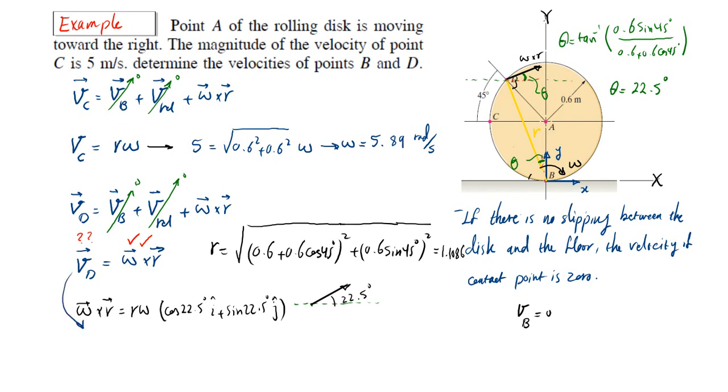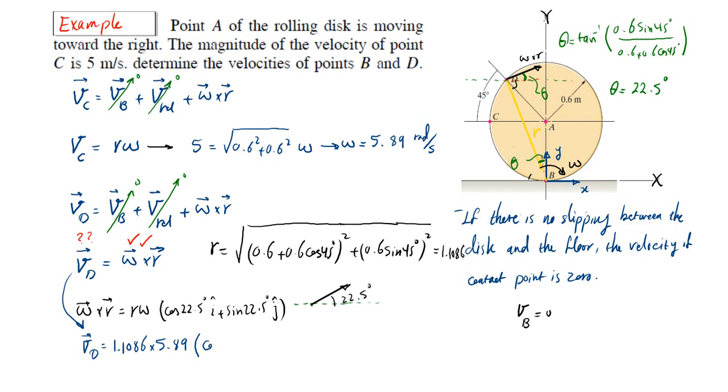So VD here, VD as a vector, becomes r omega. Well, r, I know, is 1.1086 times omega, which is 5.89. I found it from before.